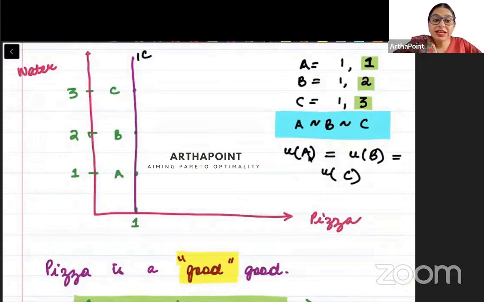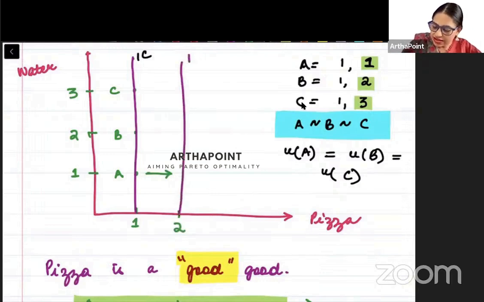And if I want to increase the satisfaction of the consumer, अगर मुझे कंज्यूमर का satisfaction बढ़ाना है, what will I do? I will increase the amount of pizza. So when I increase the pizza quantity to 2 units, then I will reach a higher indifference curve, IC2.